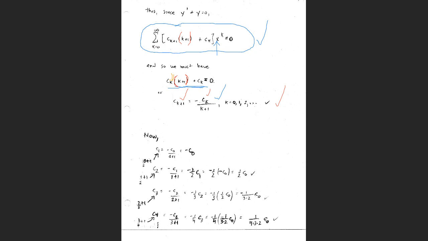Oh, good catch, Zachary. Class, this c sub k in front here, that should indeed be c sub k plus 1. So please correct that in your notes. Thank you, Zachary. That should be c sub k plus 1. And let me correct it in my notes too.